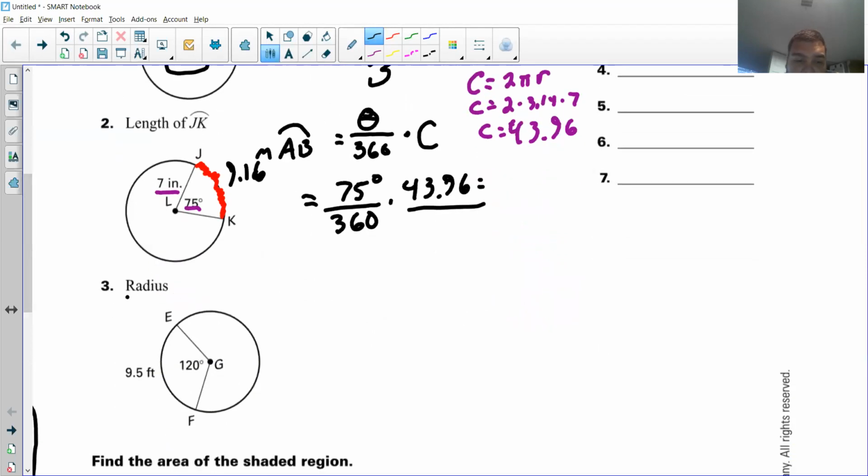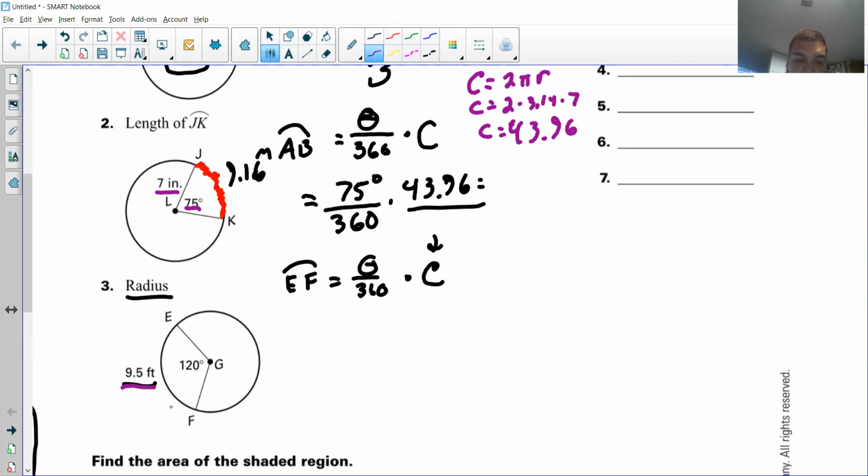Next one, we're going to need to find the radius. So we got a little bit of a reverse problem. Seems like we have the arc length of EF. So this is EF in this case. So EF equals theta over 360 times C. So in order to find the radius, we're going to need to find the C first. In order to find the C, we're going to use this equation.